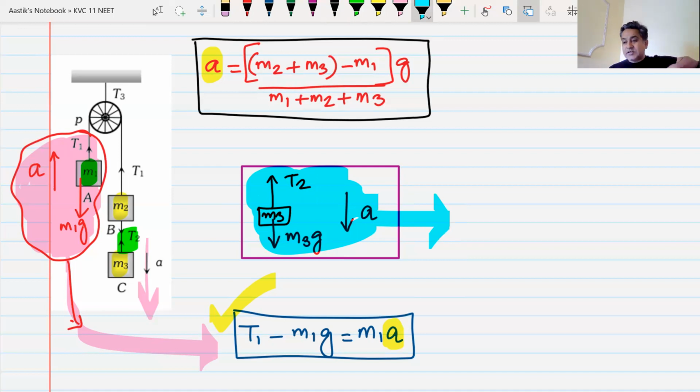What will be the equation of this block? Remember, it is moving downwards. So what is the equation? No one knows the equation?